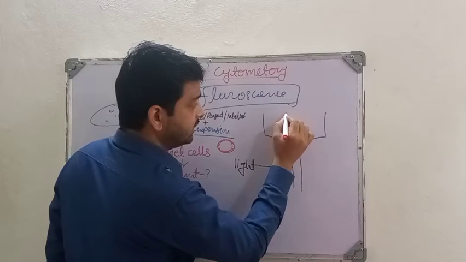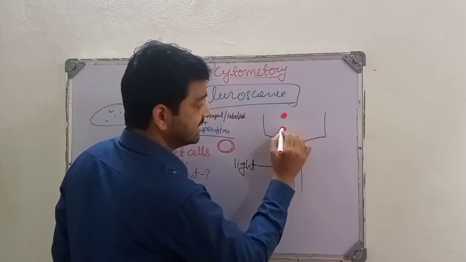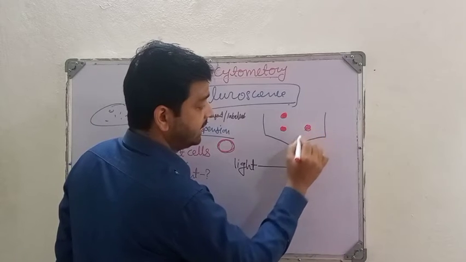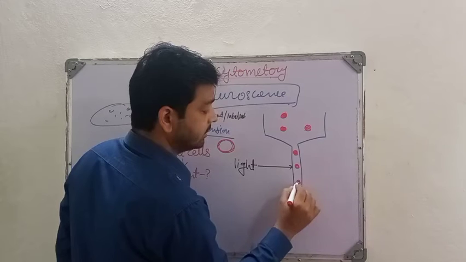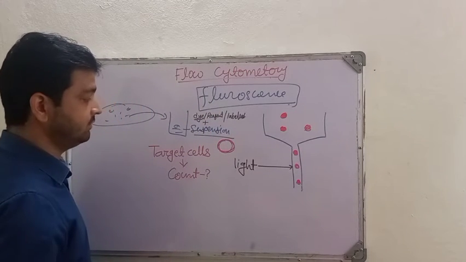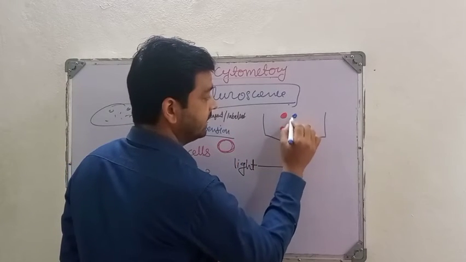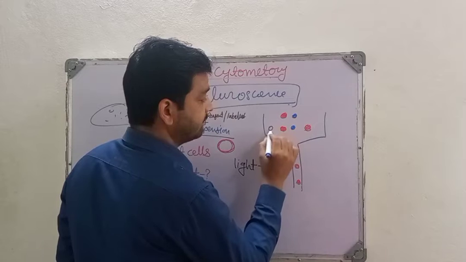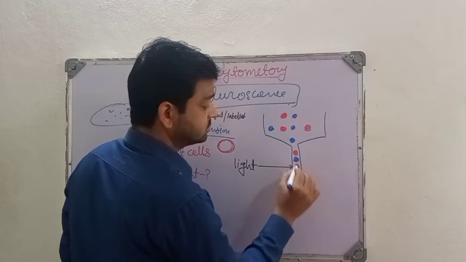Suppose we add different types of cells from a mixed culture, and they pass through this tube. This red one is our target cell, which we have labeled with a particular reagent or dye, and many other types of cells may also pass through the flow cytometer.